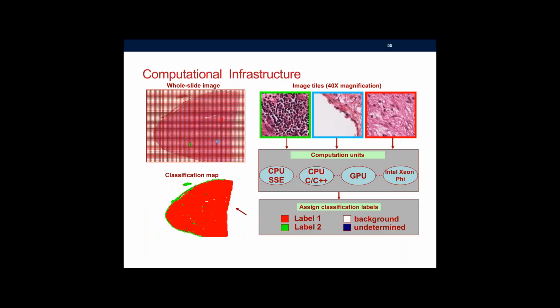First of all, we can chop the big image, the slide, into small tiles. When I say small, maybe 1,000 by 1,000 or 4,000 by 4,000 pixels. On the left side is one slide, and each of those small boxes is one tile. Then we can give these tiles to computational units. We can have multiple computational units, CPUs, GPUs, Intel Xeon Phis, and we want to process them through them and get the classification out of it.